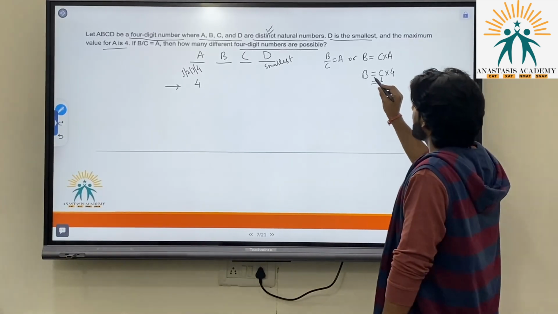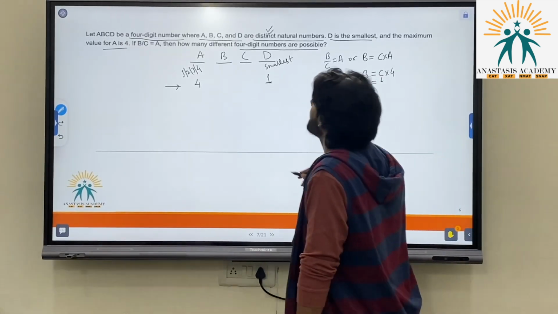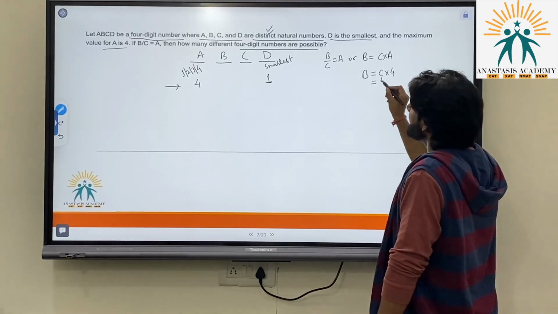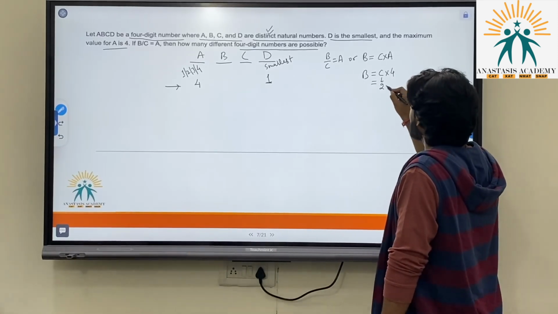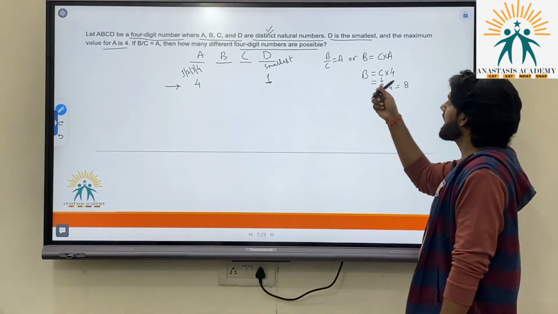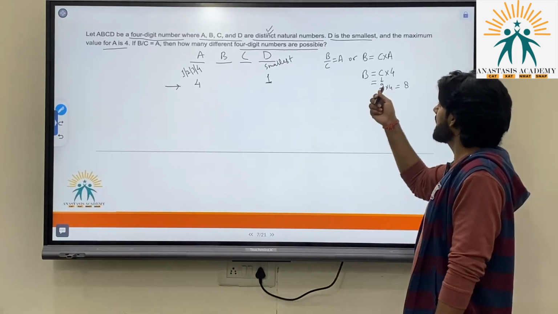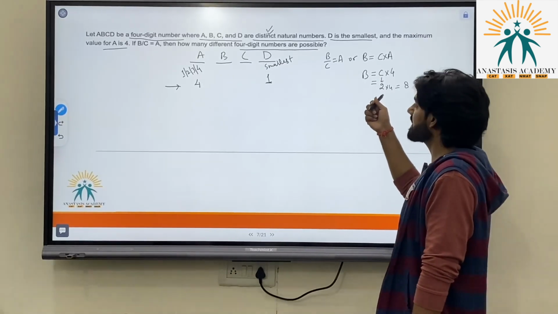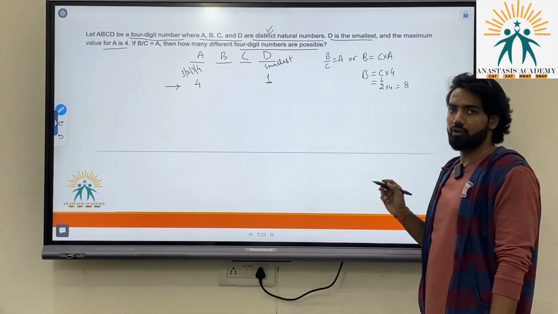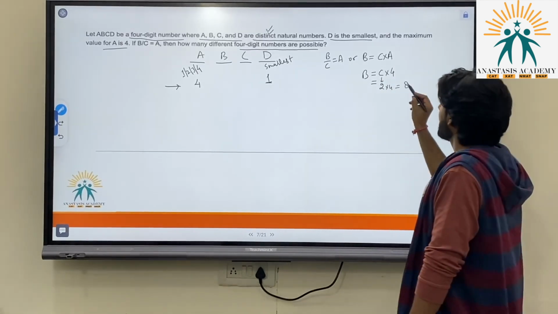So if I give the smallest number 1 to D, I can write C as the next, 2. In this case B becomes 8. I cannot give any value greater than 2 to C, because if I take C as 3, the product becomes 12, which is not a single digit, and all these A, B, C, D are single digits.